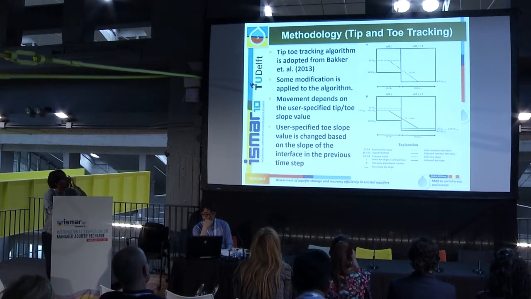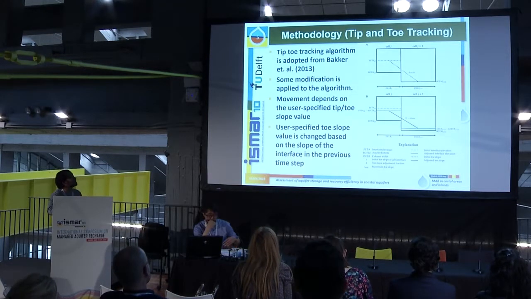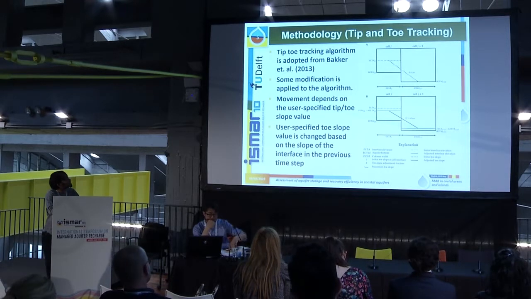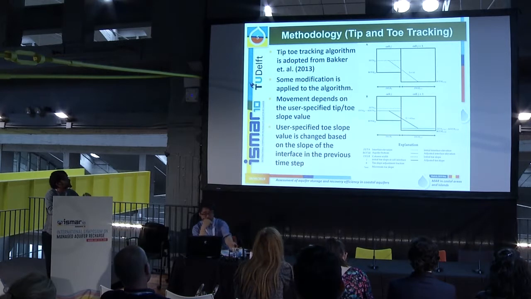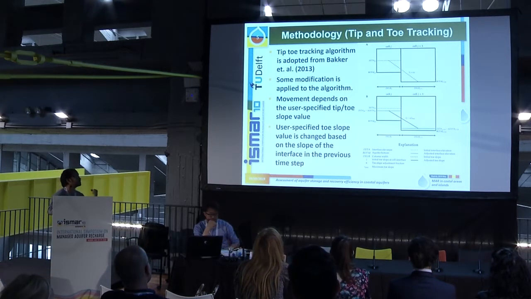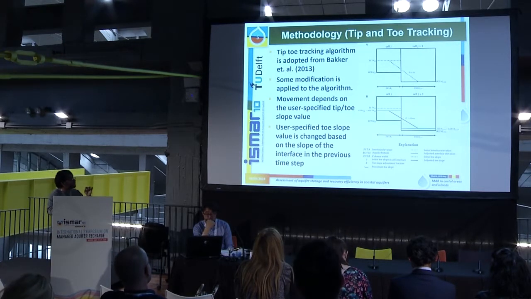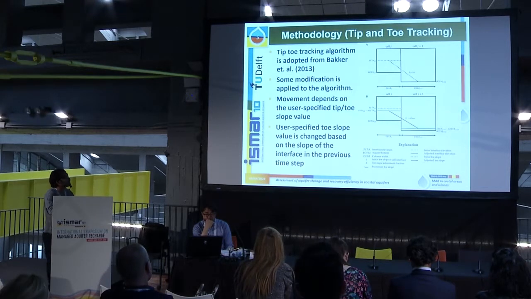So the algorithm is taken from Bakker 2013, with some modifications applied after the adaptation. The main modification is that this model can change the slope by itself depending on the previous time step's interface slope. At first, the model starts with some user specified value. Then the model changes its slope on its own.